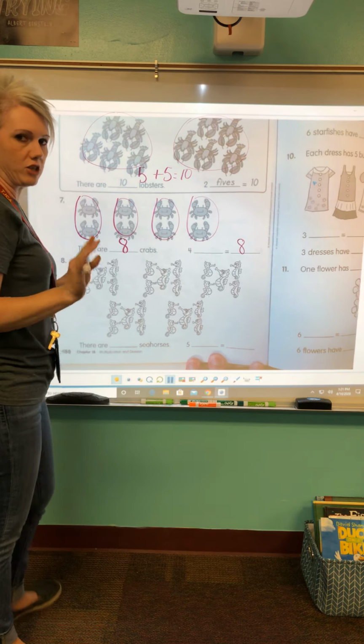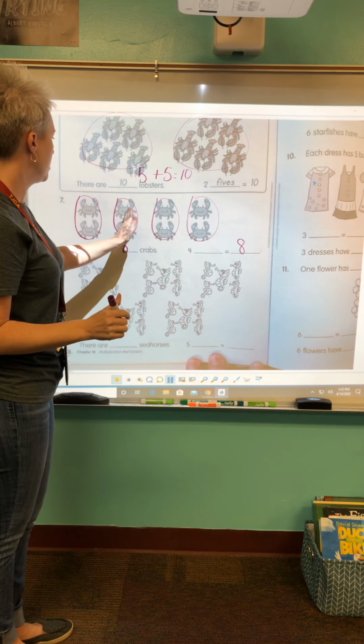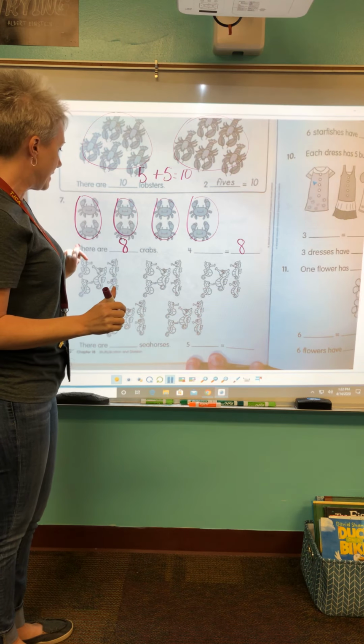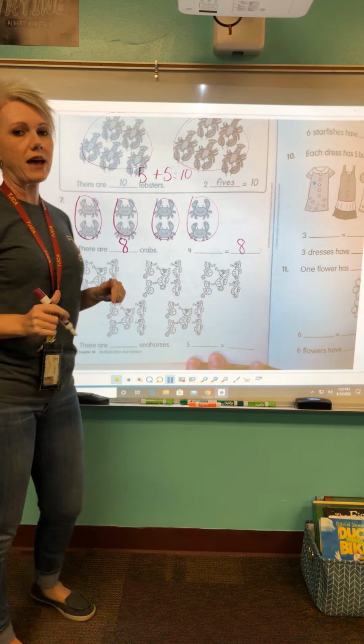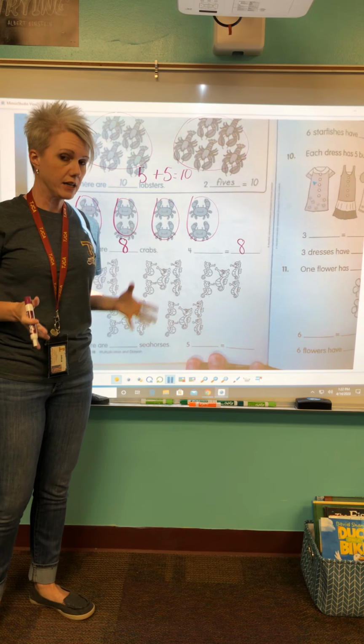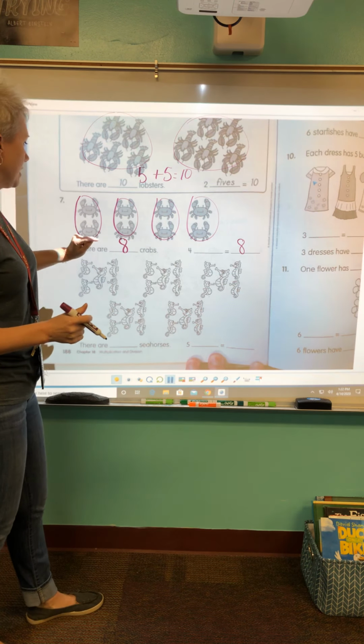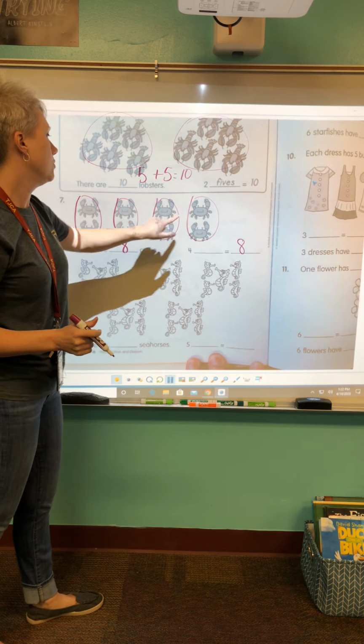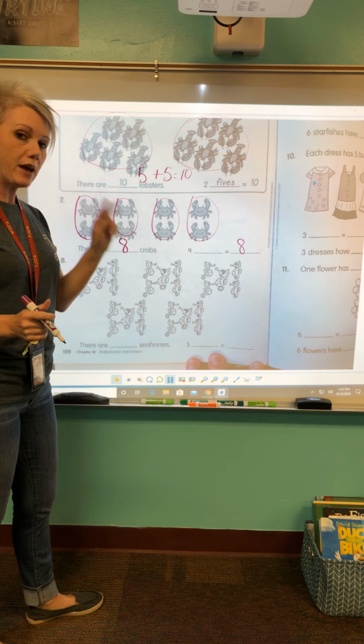Okay, let's count. Make sure we have 4 groups. 1, 2, 3, 4. We do have 4 groups, and we have to make sure each group has the same number of crabs in each group, okay? So let's count. 1, 2, 1, 2, 1, 2, 1, 2. Each group has 2 crabs.